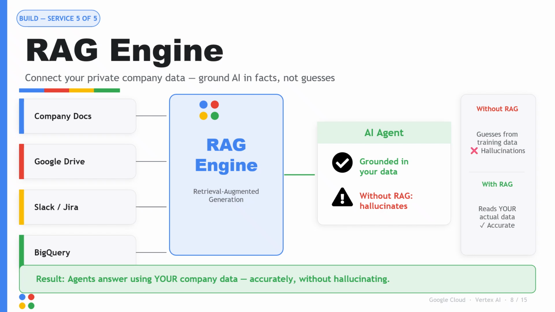The result? Your agent can answer questions like, "What's our refund policy?" accurately. Without RAG, your agents hallucinate. With RAG, they're grounded in fact.